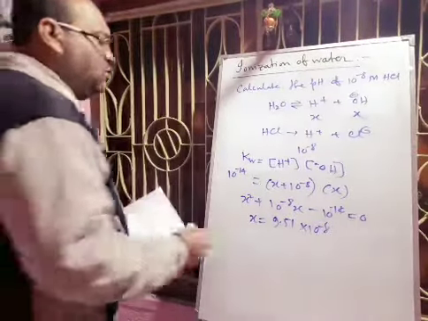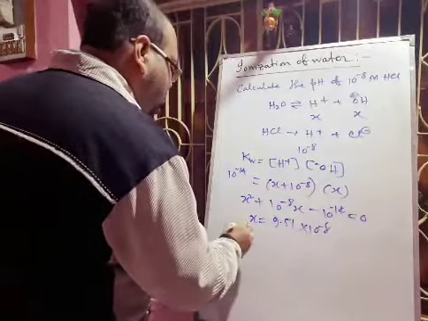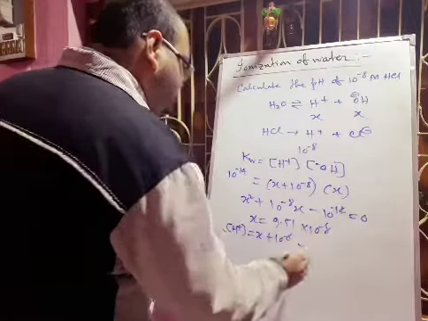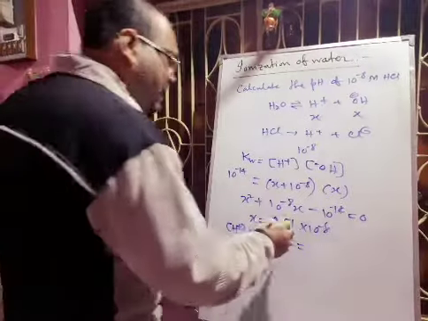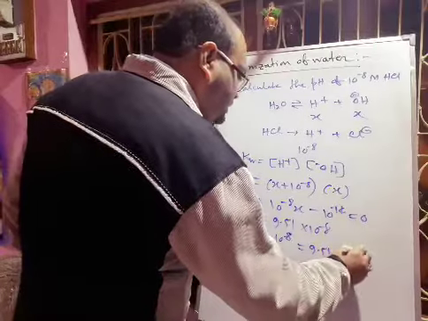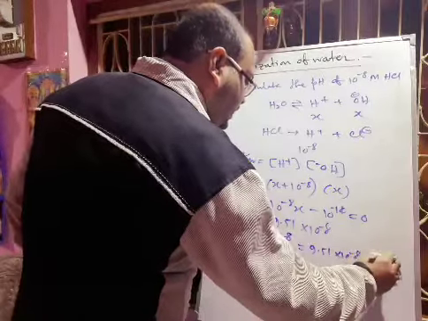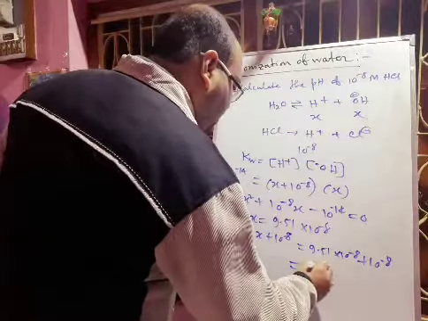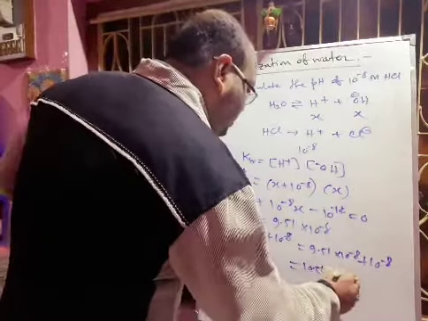Now what is the concentration of H plus? It is X plus 10 to the power minus 8, which is 9.51 into 10 to the power minus 8 plus 10 to the power minus 8. So from here you will get 10.51 into 10 to the power minus 8.